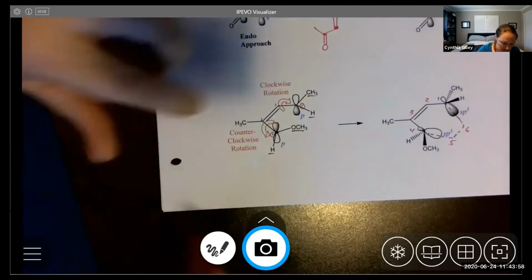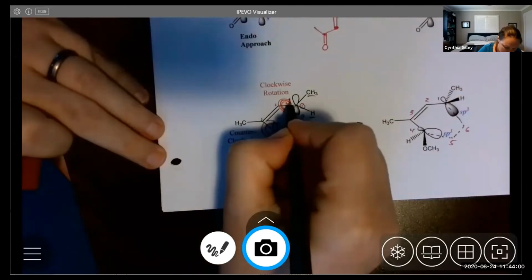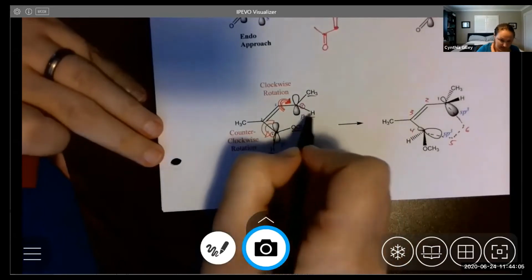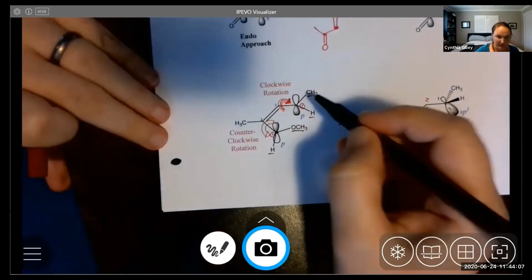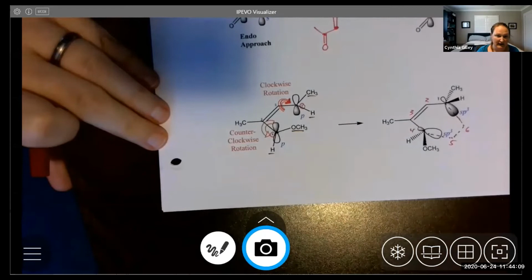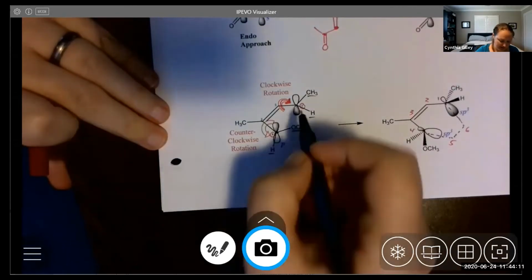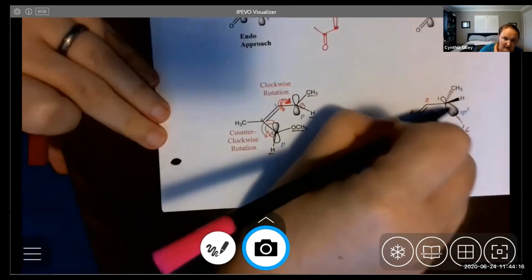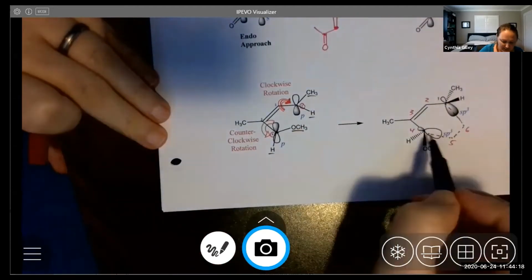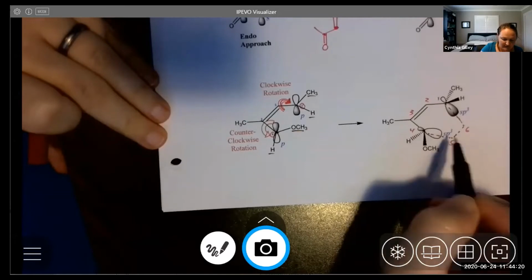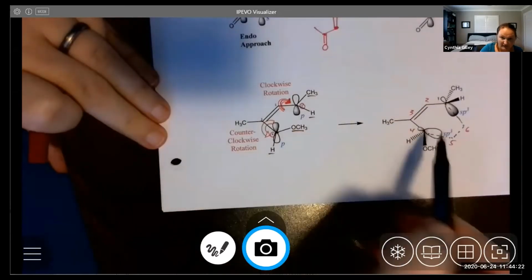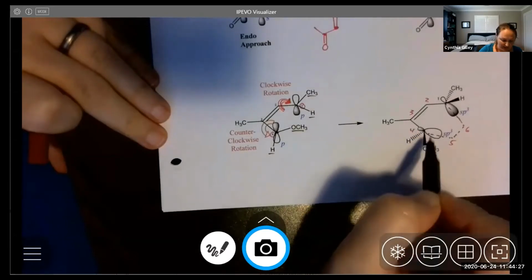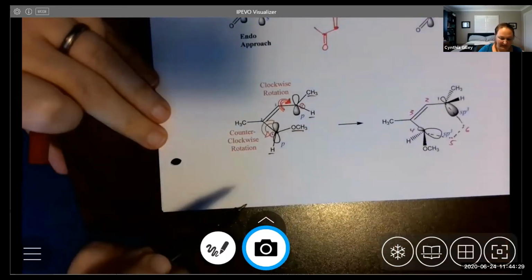This counterclockwise rotation here rotates this hydrogen up, the methyl down. And again, it's doing that because this is pointed up and down right now. It needs to be in the plane going this direction. The other one needs to be forming a bond in the opposite direction. This is pointing down, not this way, not the same direction, but opposite direction. So it's going to be part of a ring.